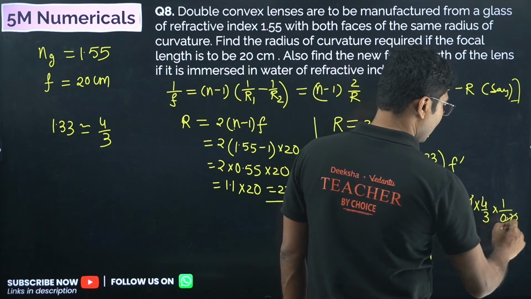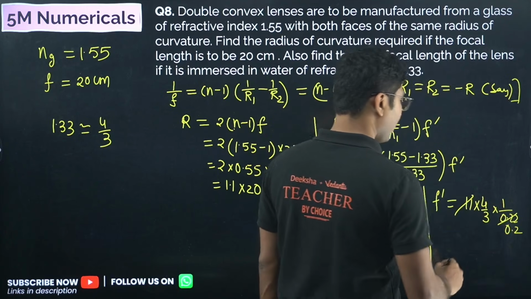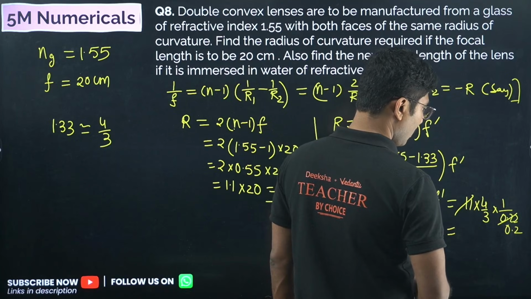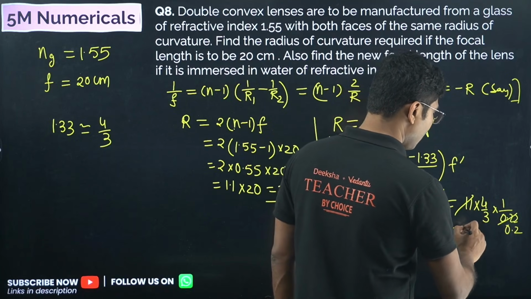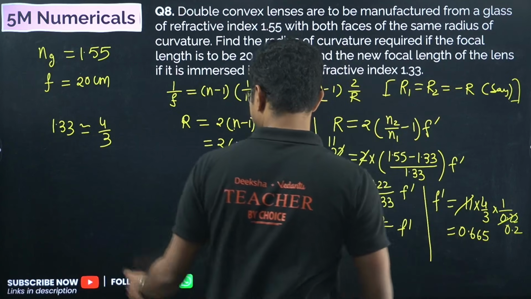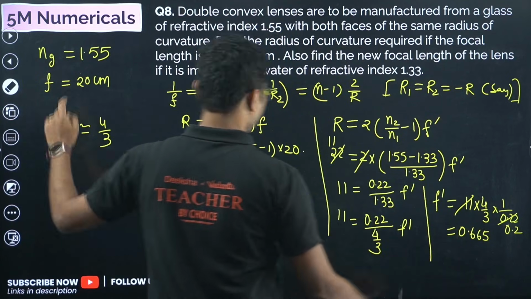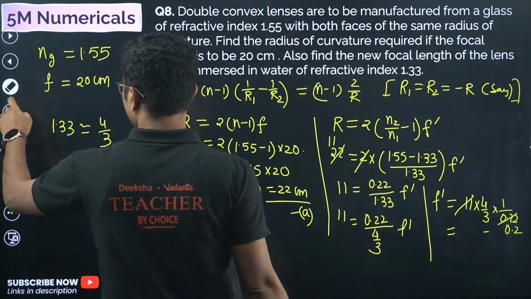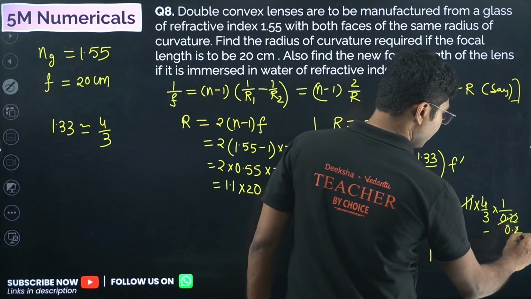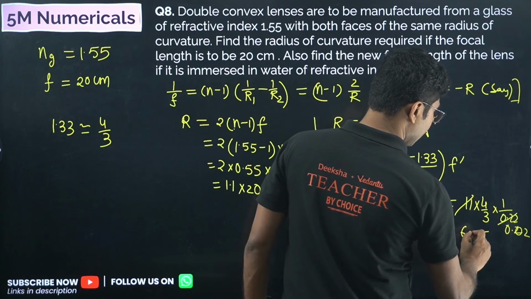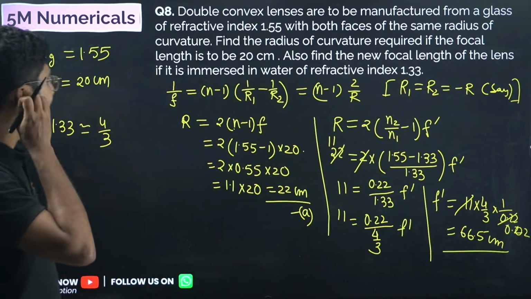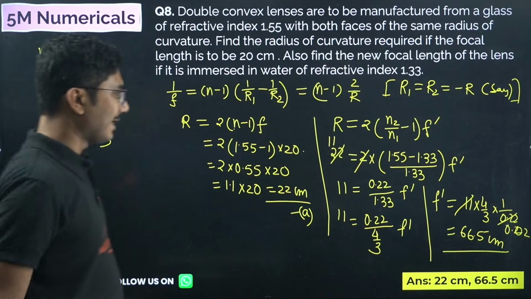So it will be 1.33 by 0.02, and you will get 66.5 centimeter. 66.5 centimeter will be the correct answer, right?